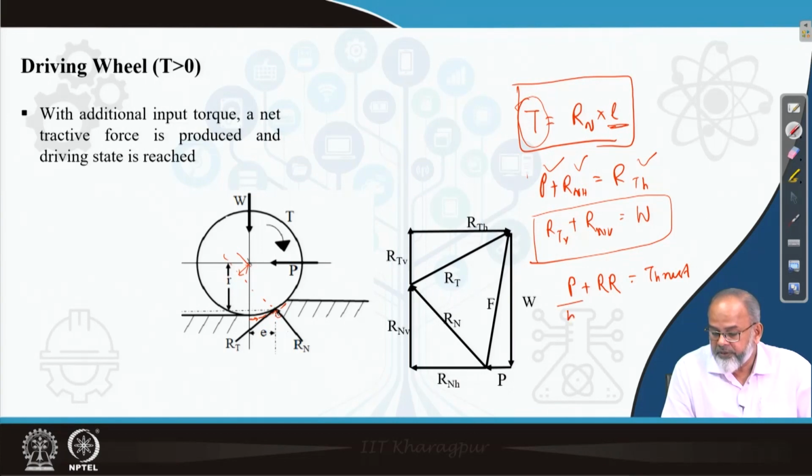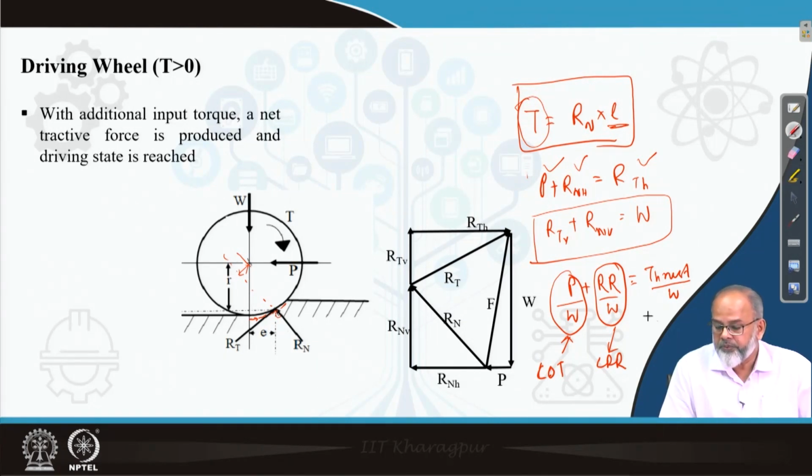If I divide both sides by W, the weight of the wheel, then it becomes P by W, RR by W and thrust by W. This P by W is nothing but the coefficient of traction, COT, RR by W is the coefficient of rolling resistance, and thrust by W is the coefficient of gross traction. So COT plus CRR will be equal to CGT. This is what we have discussed before and now I have proved this through the application of forces.